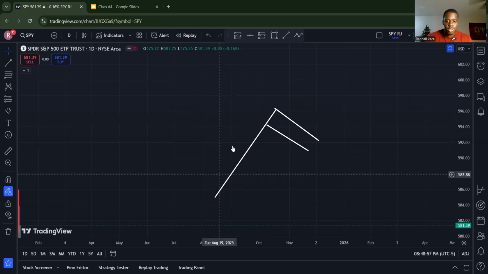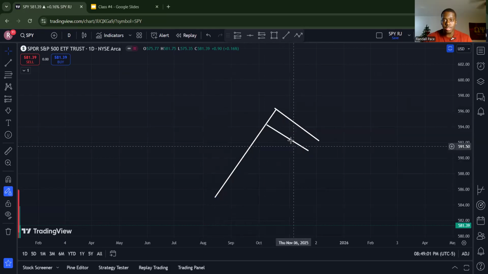The trend was bullish, going up, making higher highs, higher lows before it formed it. It's a bullish flag. We're not looking to trade a bull flag to the downside, right? We're looking to trade bull flags only to the upside. Flags are continuation patterns. We're looking to continue from the direction from which we came. Okay.